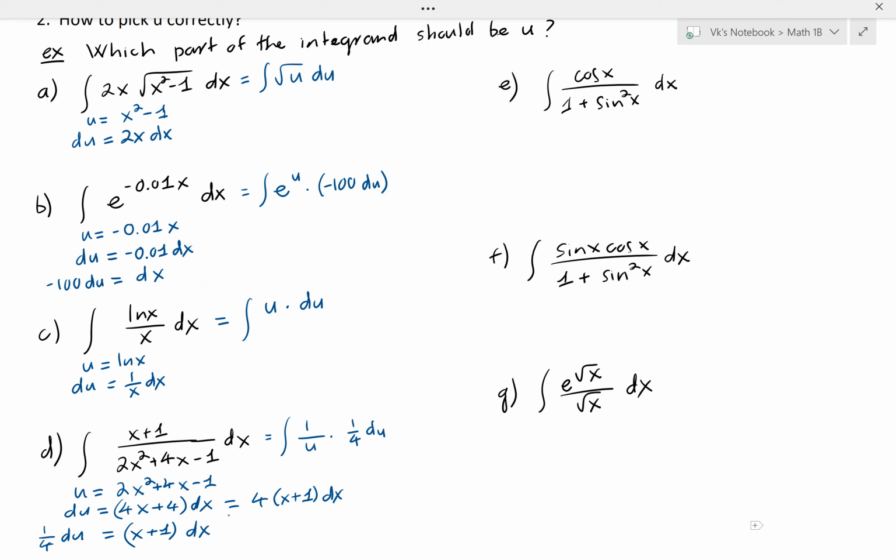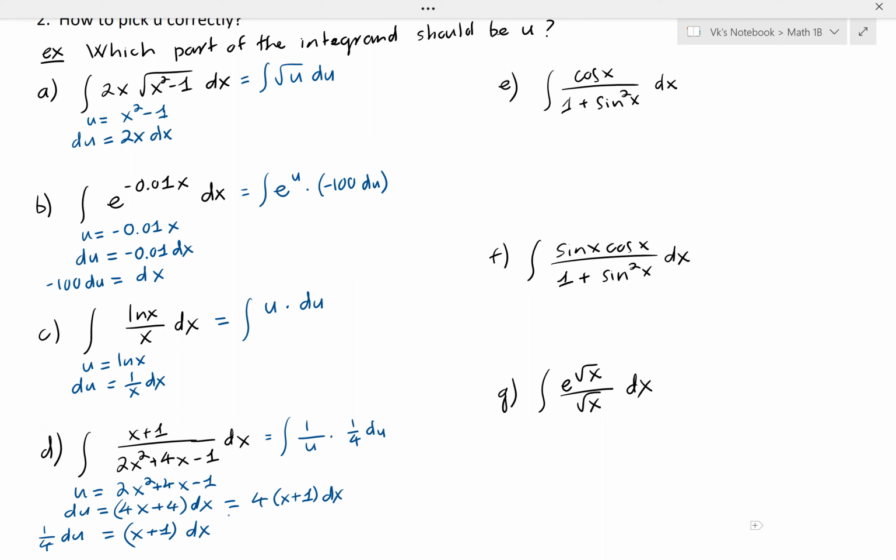In E, notice that the derivative of sine x is cosine x. So that gives us the u. And another way that you can see this is, this is something over 1 plus sine squared. So it does look like the integrand is going to be written in terms of arctangent.